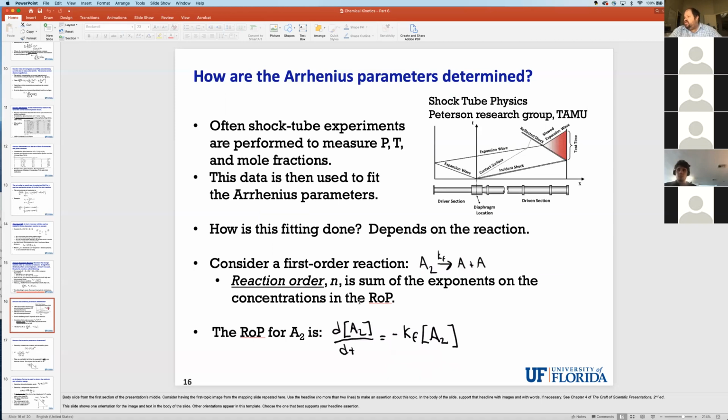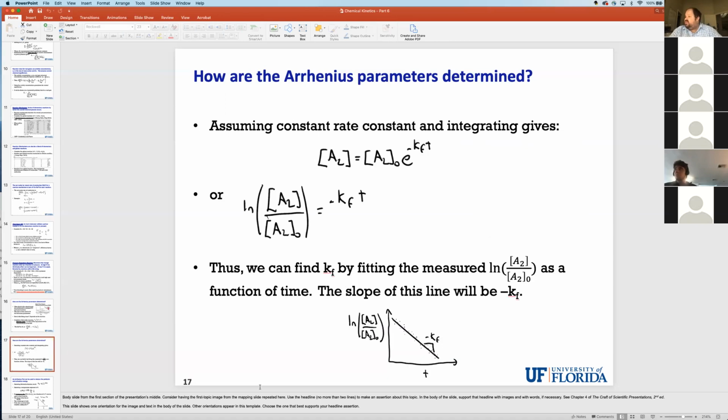Okay, and so then you need to go back to the drawing board, propose another reaction, and go through the same procedure. And you may have to plot something different. Or the other thing that it means is that maybe in your experiment, the temperature was not as well controlled as you thought it was. And so then Kf itself is changing as the reaction proceeds. And so that would also produce a strong deviation from this line.